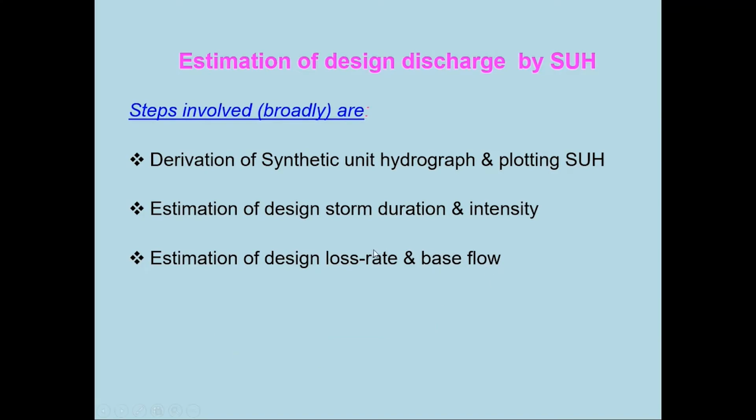These two things are already mentioned for each area and each subzone, decided either through an empirical equation or through some value, like 0.5 centimeter per hour as the loss rate, or the base flow of 1.5 cubic meter per square kilometer per second. These values have been given in the report.